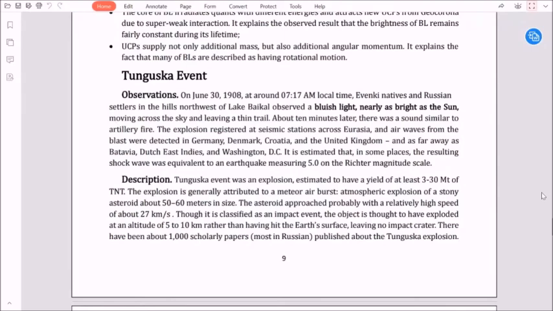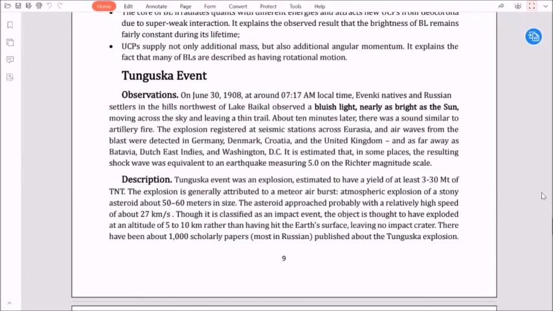Description: The Tunguska Event was an explosion estimated to have a yield of at least 3 to 30 megatons of TNT. The explosion is generally attributed to a meteor burst, an atmospheric explosion of a stony asteroid about 50 to 60 meters in size.